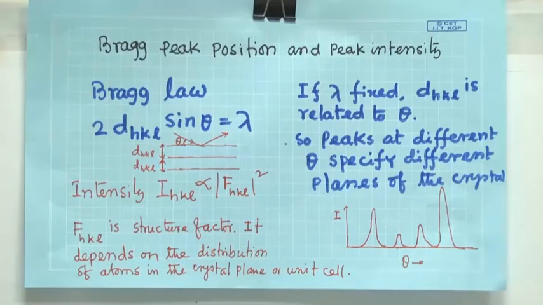If there is any displacement, the crystal may not be perfect. If there is any distortion of the crystal, the arrangement of atoms, the way we expect for a particular structure, slightly changes. That change will come in the intensity.